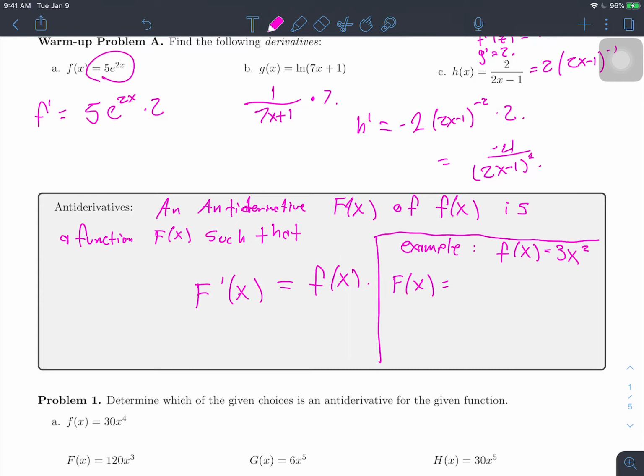Whose function or what function has its derivative equal to 3x squared? Yeah, Kevin? X cubed. Yeah, x cubed, right? If I take the function x cubed and I do its derivative, I would multiply down that 3, I'd subtract 1 from the power, and I'd get 3x squared.